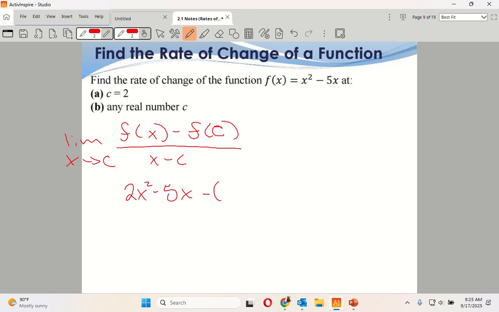That's what that means. F of c meant c goes into the function. So that is going to be 2 squared minus 5 times 2. And I use parentheses intentionally here, because that is a minus sign. So that means I need to subtract whatever my answer is to all this.